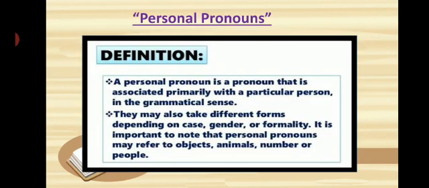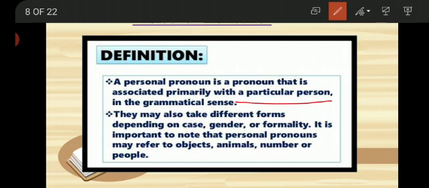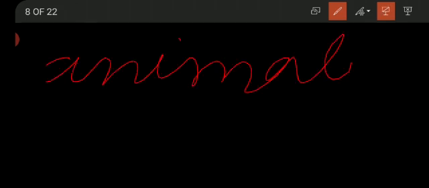A personal pronoun is a pronoun that is associated with a particular person. As the name indicates, this type of pronoun refers to a particular person. They may also take different forms depending upon the gender or the formality. Gender can be female or male, or there is another category other than person, which is animal.